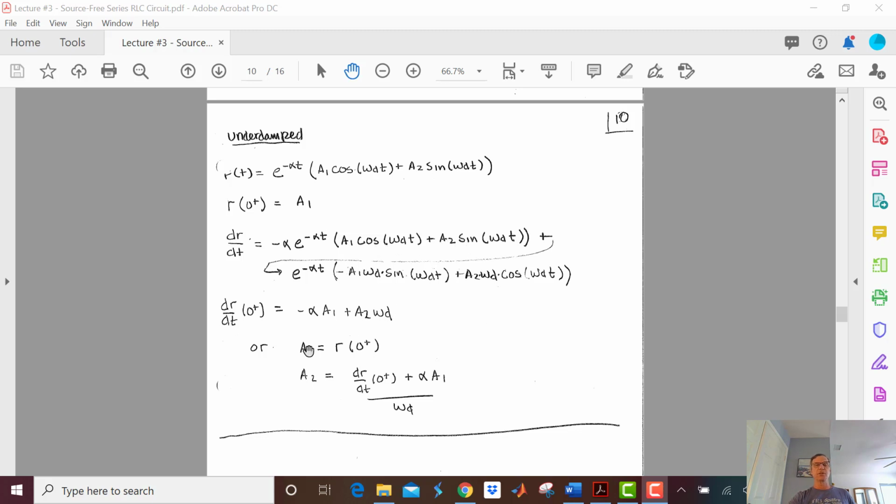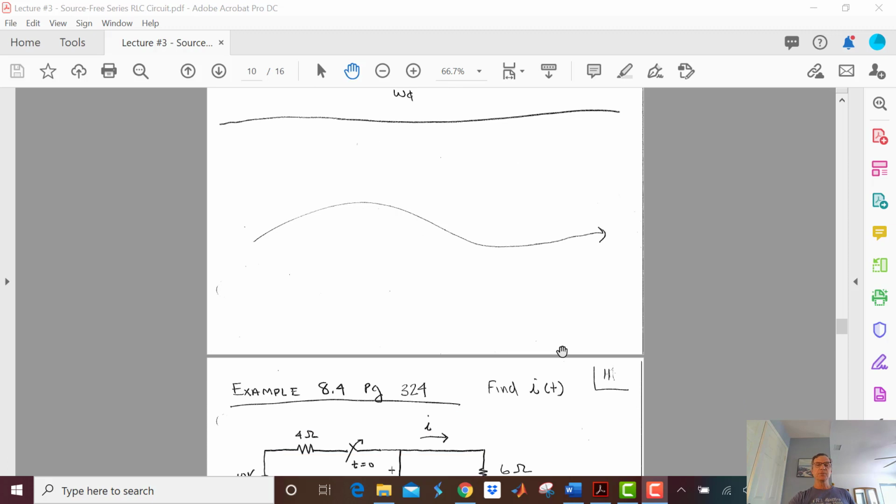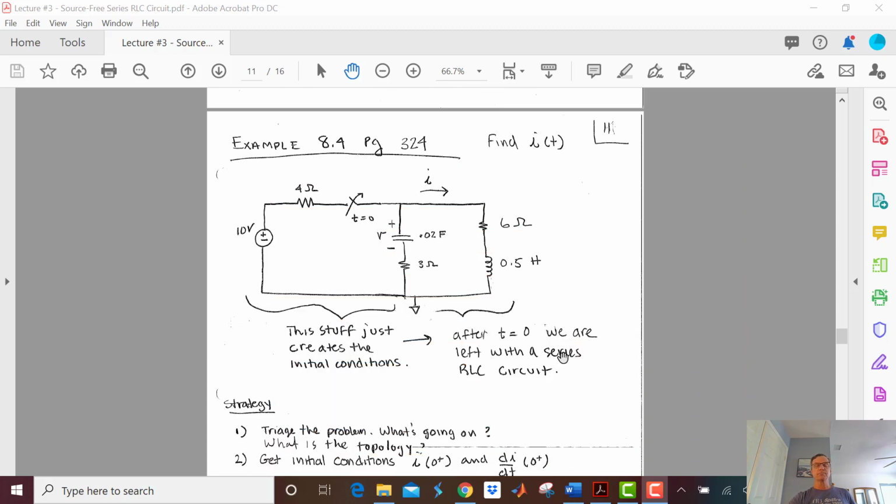My sines are going to turn into 0s, and here's what I end up with. Or if I take this equation and solve it for A2, I get this. And you can see that it is a function of my initial condition, my natural frequency, and A1. And I already got A1. So that is my underdamped case.